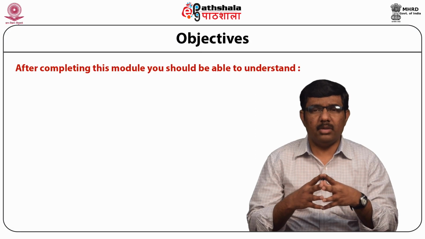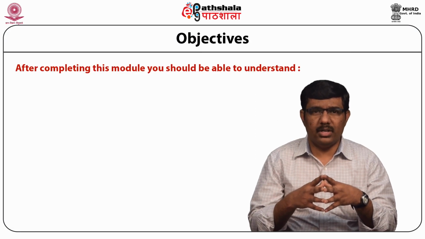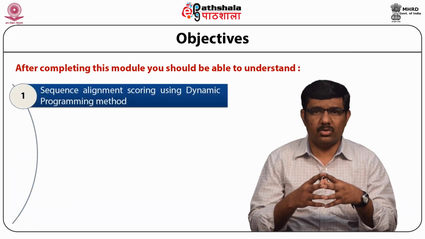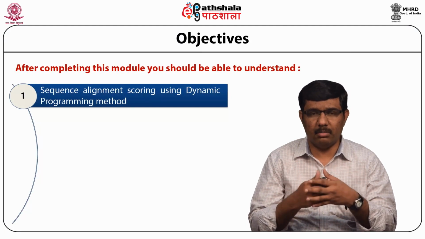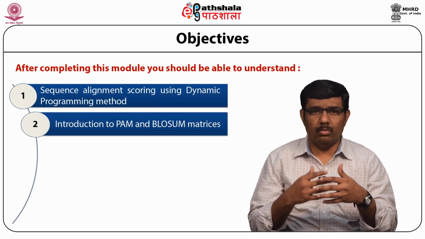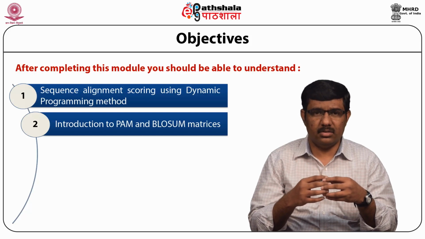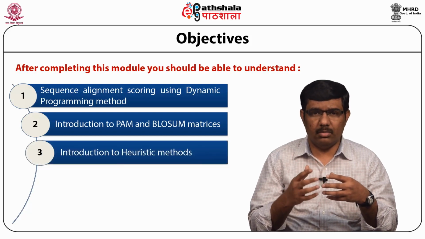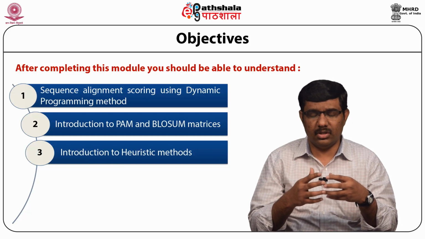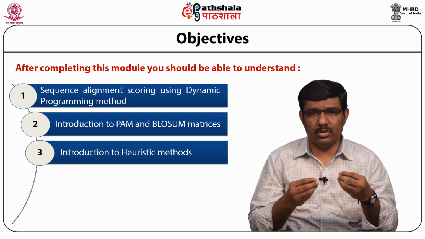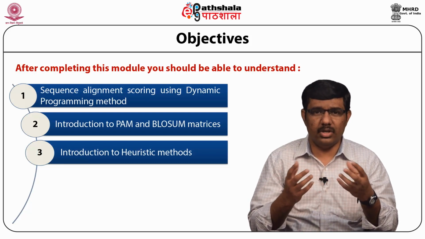After completing this module, you should be able to understand sequence alignment scoring using the dynamic programming method, and get an introduction to PAM and BLOSUM matrices. You will also get an introduction to the heuristic methods, and why we use them: because you want to search a query sequence against large databases.